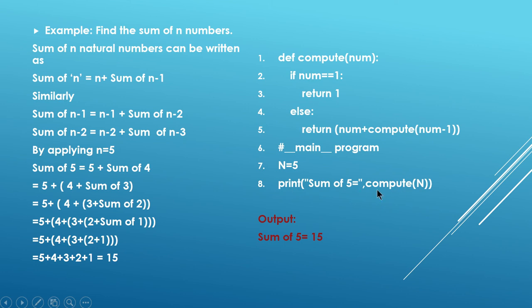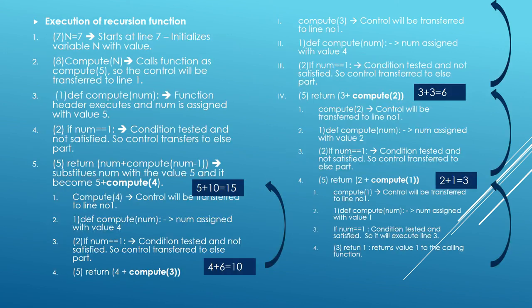In line number 8, there is compute of n, that is a function call statement. When there is a function call statement, the control will be transferred to that place and it will start executing the function definition line by line. This is explained in the next slide. First it will execute line number 7, so n is equal to 5, and initializes the value.